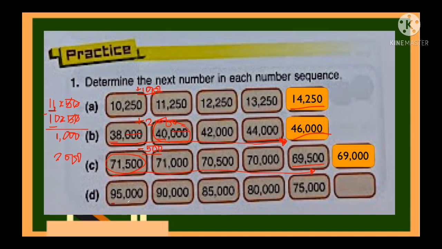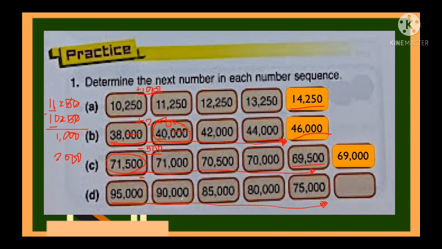Letter D. This one is also decreasing. So our pattern is plus or minus? Minus. Good job. Now, we will minus these two. 95,000 minus 90,000. So what will be the difference?